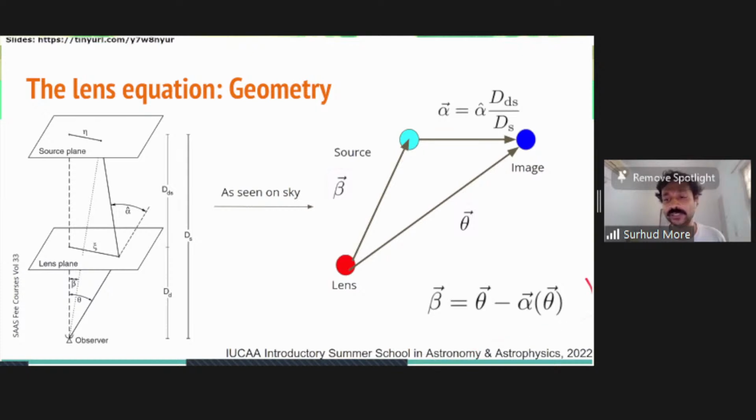And you can write down the lens equation in vector notation, which will look something like this. This will have two components, because you will have two coordinates which are required to describe the plane of the sky. So this is the lens equation. This tells you how to relate the unlensed position of the source to the images that you see.